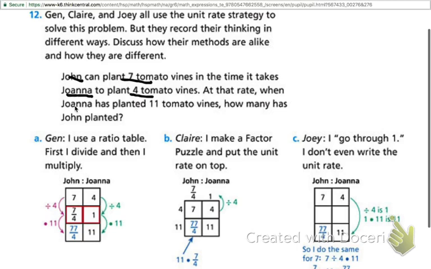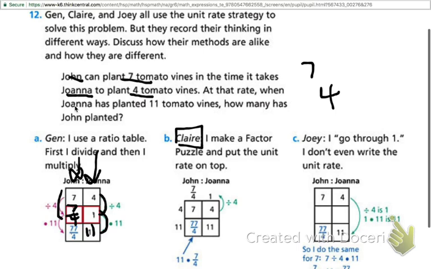At this rate, right, which is a unit rate of 7 to a unit rate of 4, we can compare them. This is 7, this is 4, divide by 4, compare it. This is for every 1 that Joanna has, John will have planted 7/4, or 1 3/4. Then, when John has planted 11, it would be 77/4.